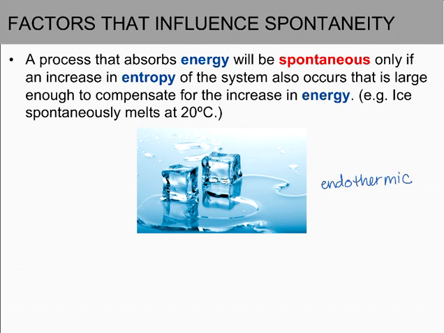And that increase in entropy has to be large enough to compensate for the increase in energy. So for instance, ice spontaneously melts at 20 degrees Celsius, but it does not spontaneously melt below 0 degrees Celsius.